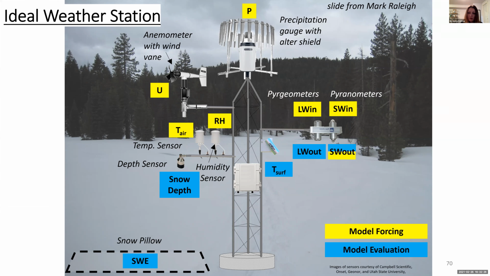Also, this threshold is variable as a function of where you are in the world. There's a really nice paper in Nature Communications that looked at that. For example, this threshold is warmer in the Colorado area versus the Olympics and the Cascades and California as well.